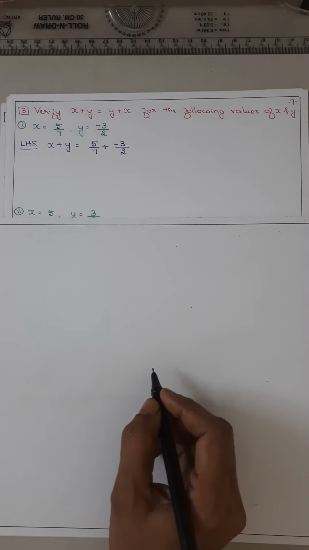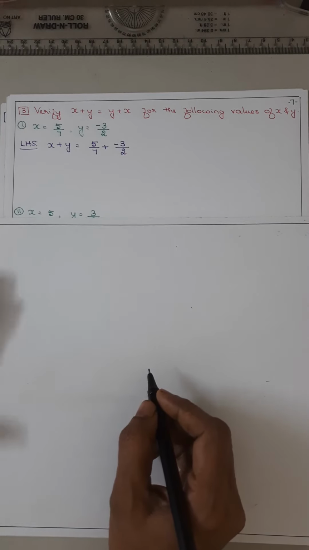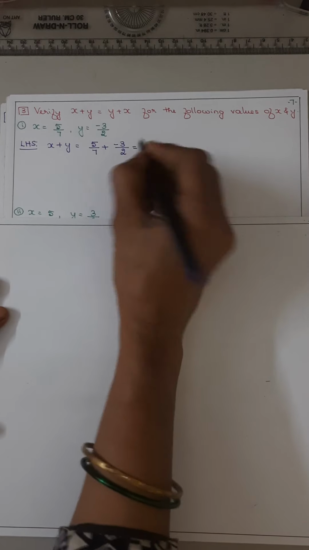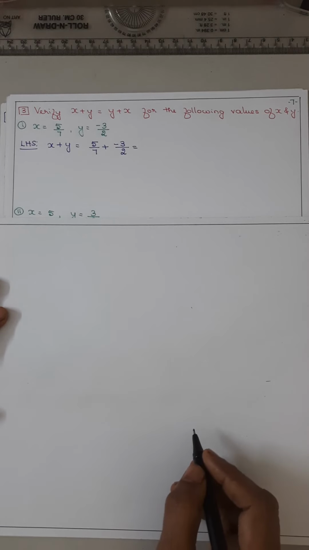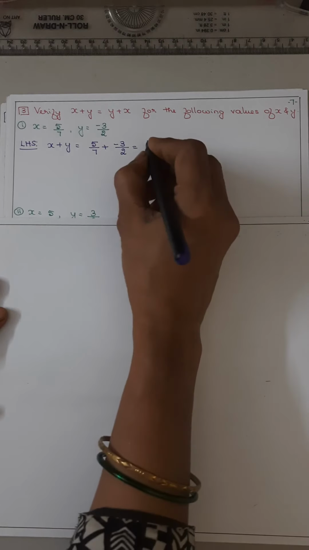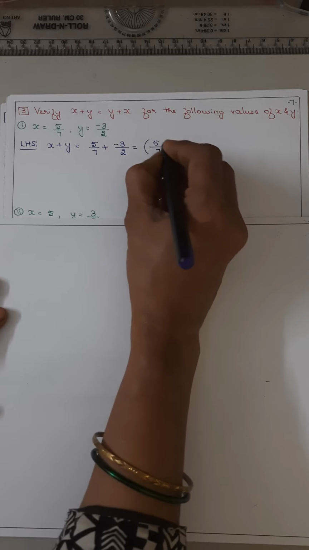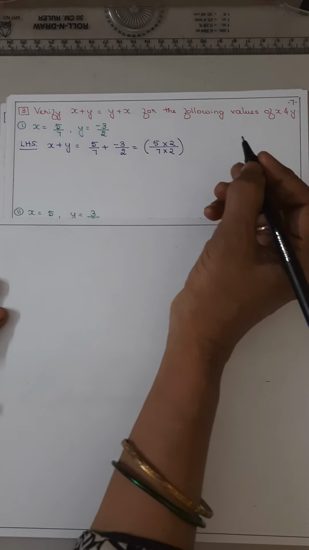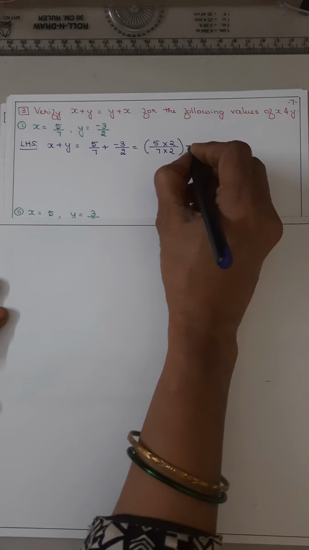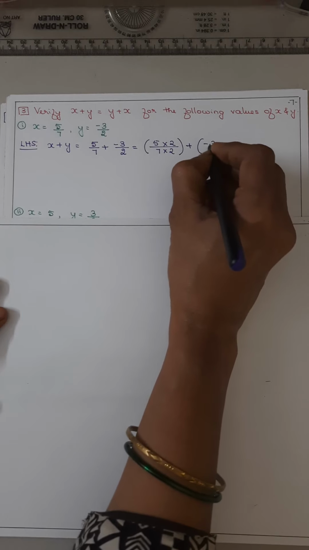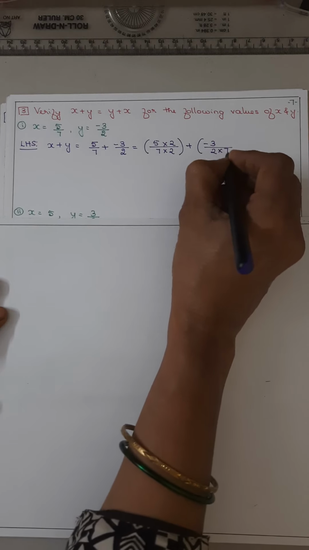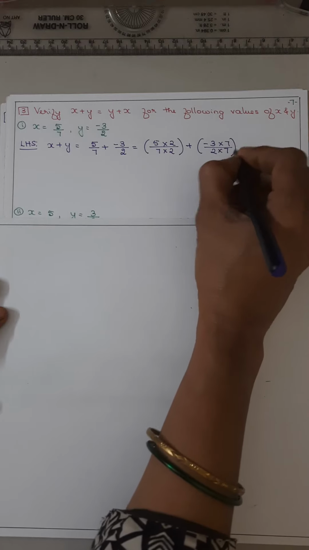Now we won't write LCM is equal to and all directly. We'll do 7 and 2, the prime numbers. So 7 2s are 14. So 5 by 7, 7 2s are 14. Multiply the numerator by 2, plus minus 3 by 2, 2 7s are 14.